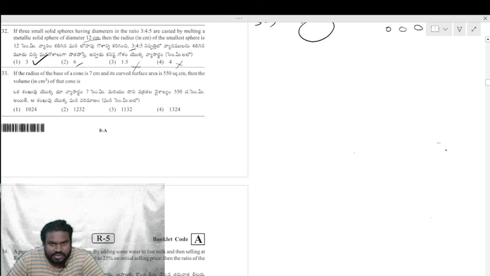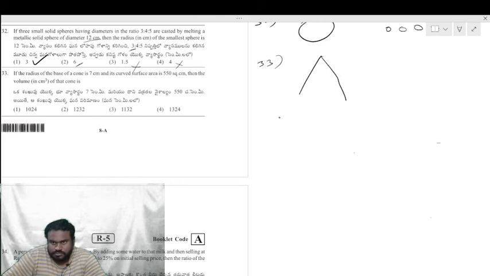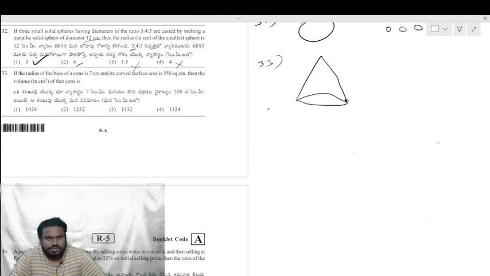Find the volume of that cone. So he's talking about a cone. What he's saying is that the radius of the base of the cone is given as 7.